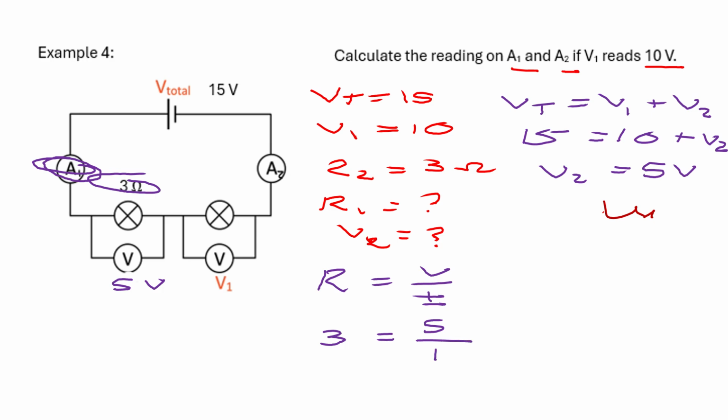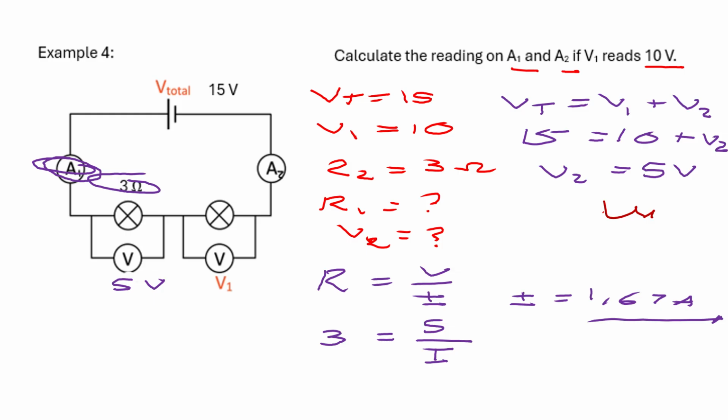And I is what I'm trying to find. So when we swap the 3 and the I around, it's 5 divided by 3, and we get 1,67 amps. So for this one, your answer is 1,67 amps.